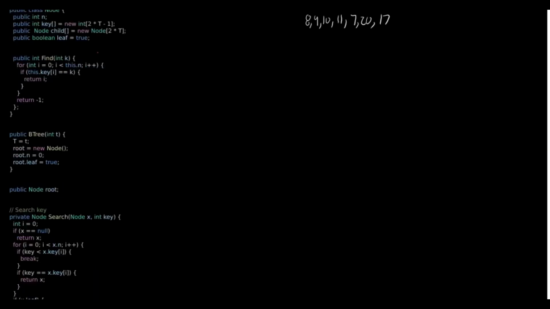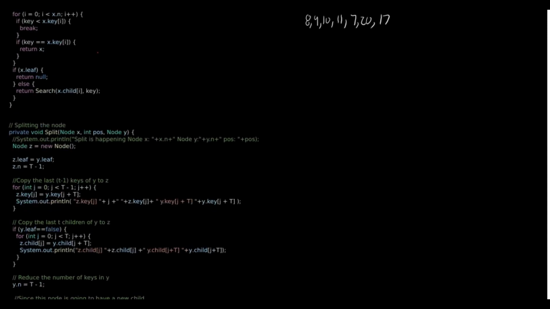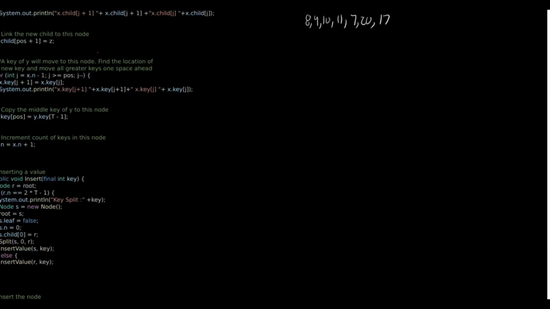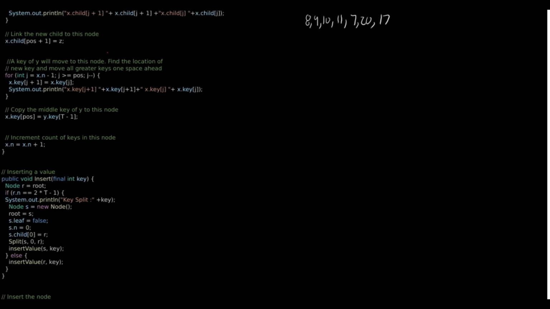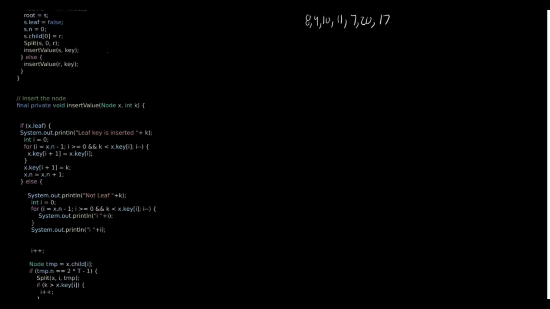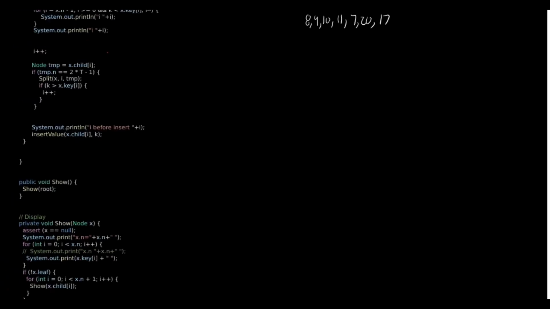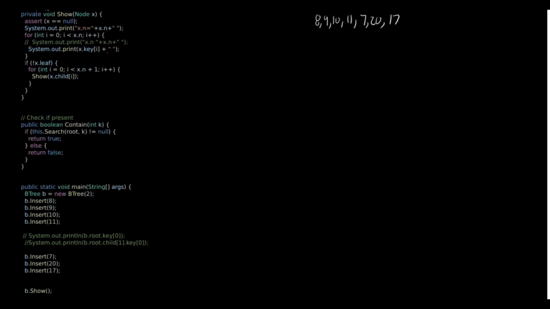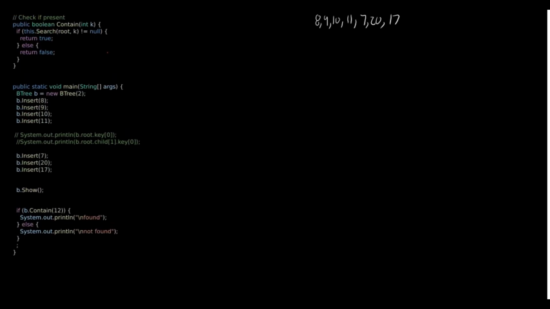So let's go down. Let's go into our main function here. It's all the way down there. Alright, here's our main function. So when we initialize B tree, T will be 2.